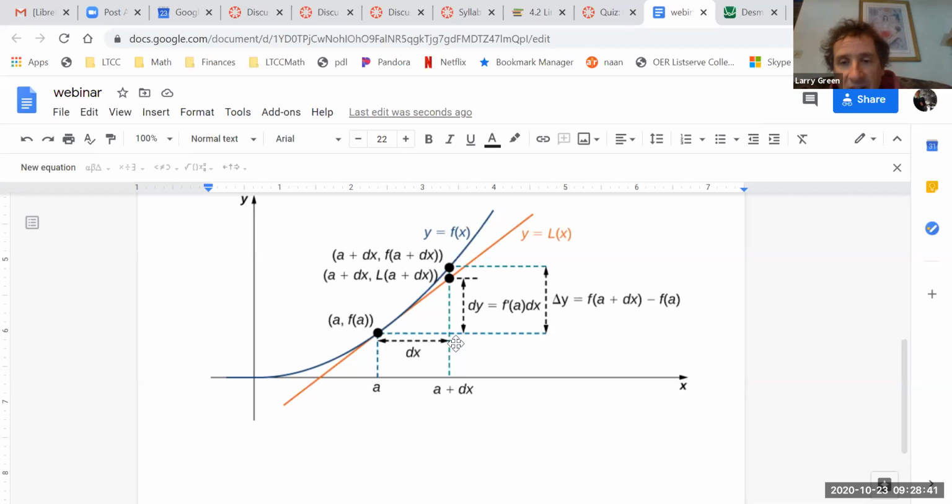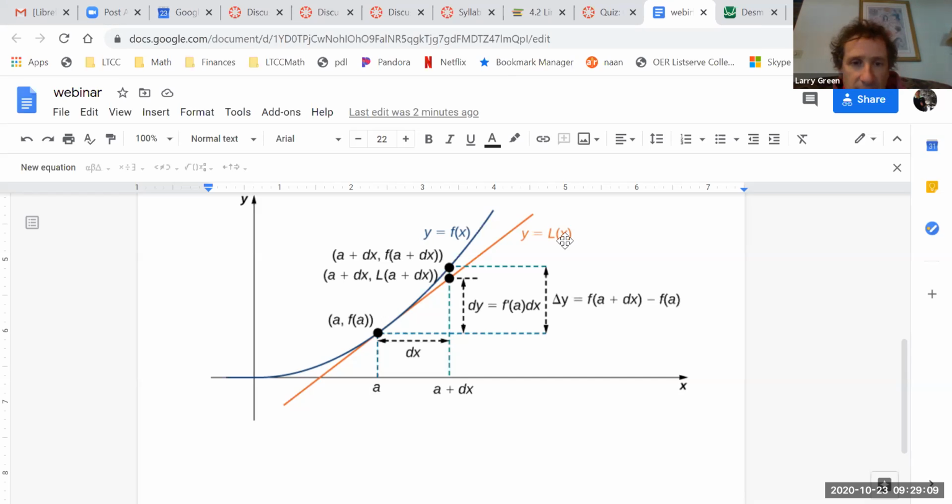I'll let you choose which one to use. Dx is easier to type. Any questions on that so far? The distance from the x-axis at a plus dx up to the curve, that's f of x. The distance from the x-axis up to the line, that's L of x.